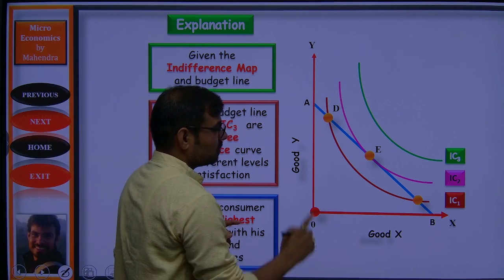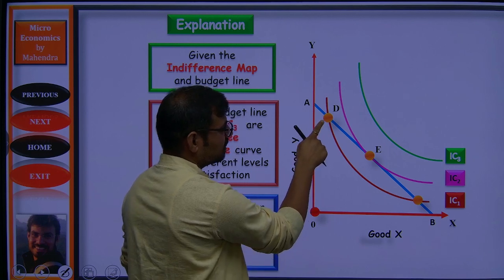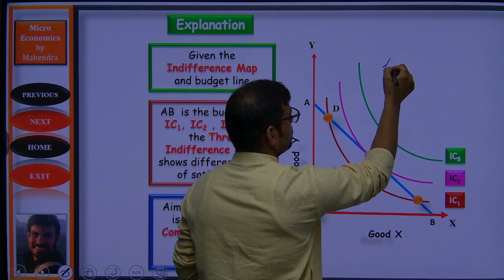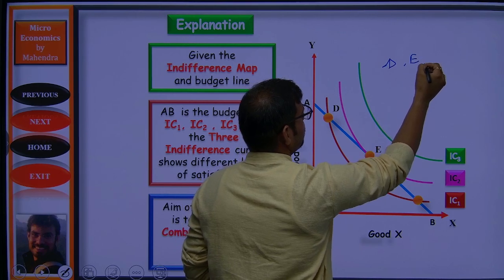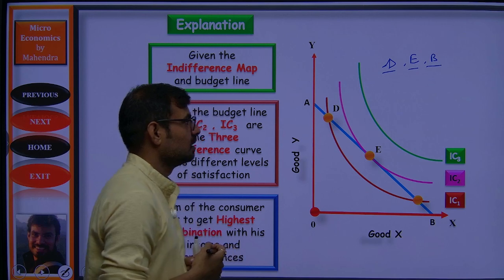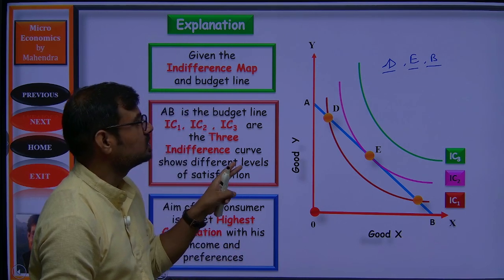Now, when it comes to the budget, we see there are 3 points on our budget: D, E, and B. These points are within our budget. But the equilibrium point should be one only. So which one will we choose as equilibrium?